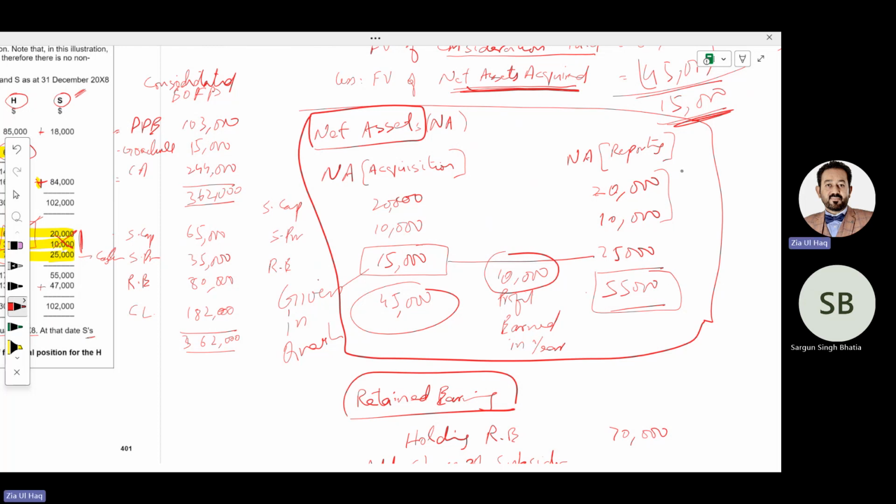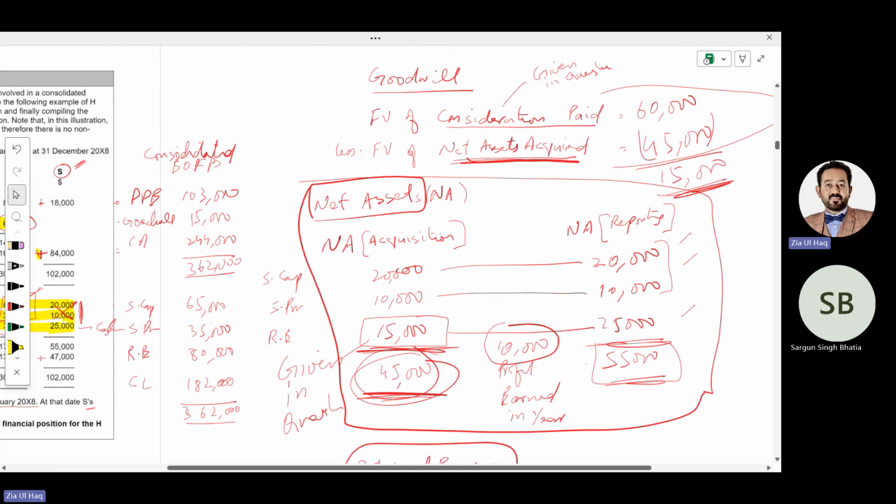These figures will be given for the reporting date, but these two will remain the same. At the time of acquisition, retained earning will be given in the question, or we need to calculate it. By totaling these, we will have the fair value net assets, and this total will be used in goodwill. We need to know the value of the assets we acquired at the time of acquisition.